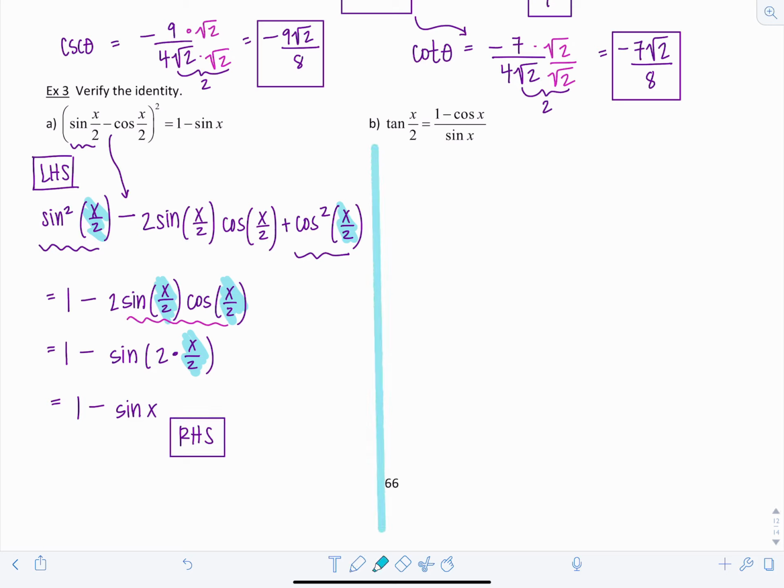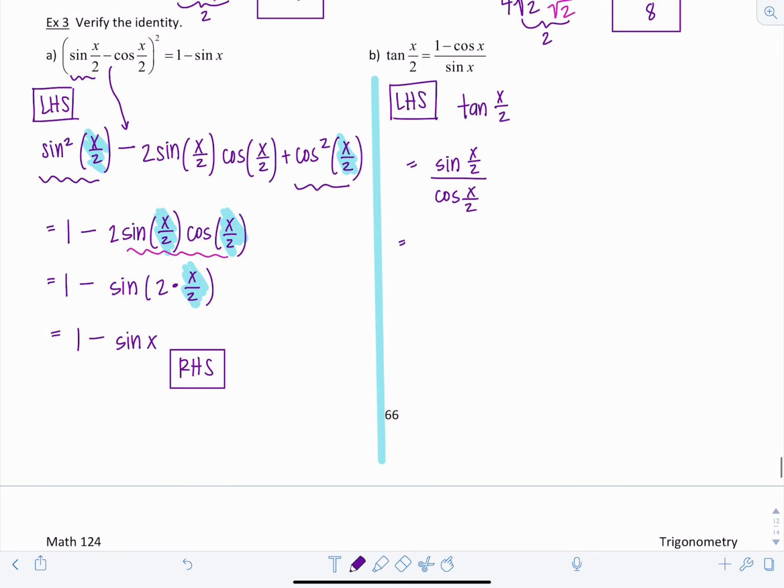All right, last one. Tangent of x over 2 equals 1 minus cosine x over sine x. This is actually one of the versions of the tangent half angle identity, so we're just proving it. So let's start with the left-hand side. So we'll work with tangent of x over 2. What I'm going to do first is rewrite this as sine of x over 2 over cosine of x over 2. And then I'm going to replace them with each of their appropriate half angle identities.